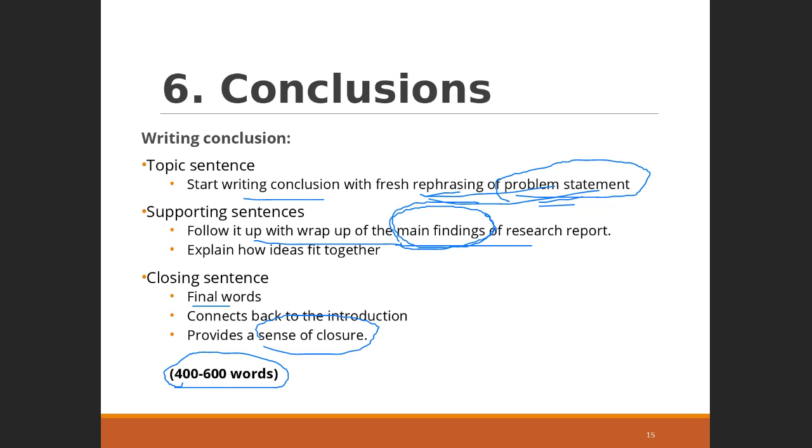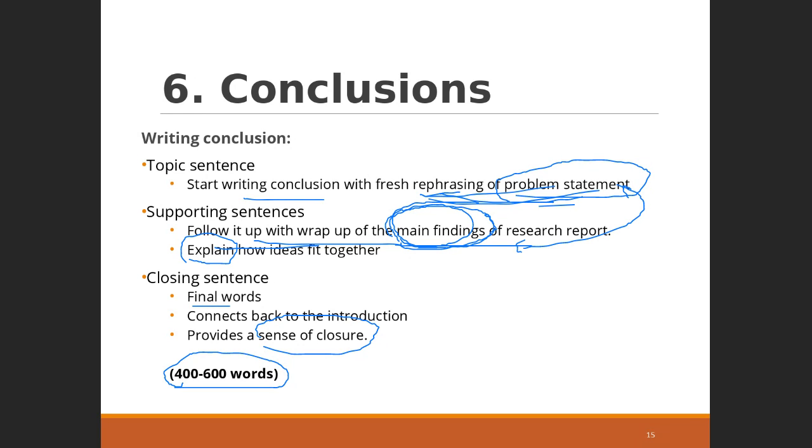That's it. So the main part of your conclusion is to rephrase your research objectives and follow them with the main findings of your research report. And just explain how your objectives are fulfilled by your findings or not fulfilled by your findings of the report. That's it.